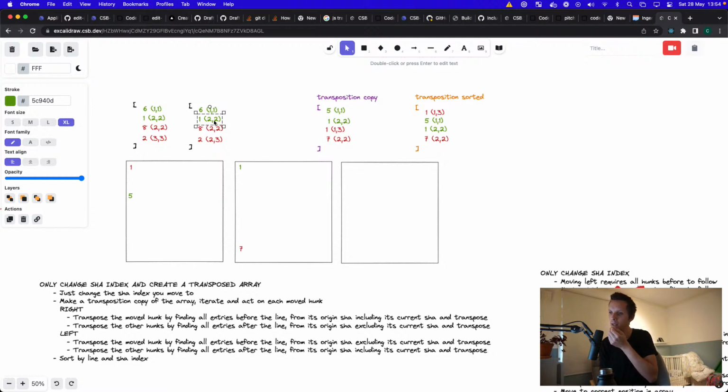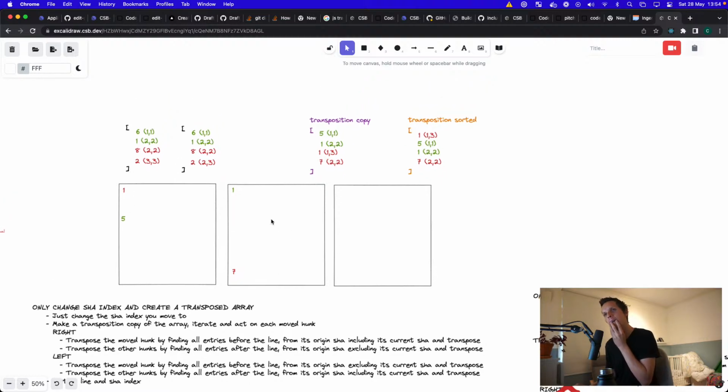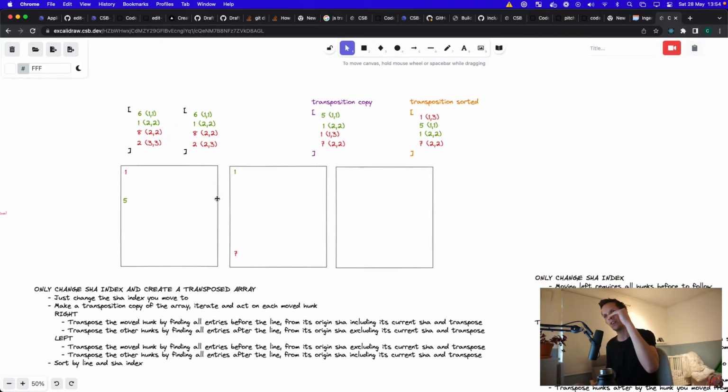The only thing that might be a little bit difficult to identify is, as I say here, I say before the line and after the line. But a hunk isn't the start line. A hunk has an old start and a new start.